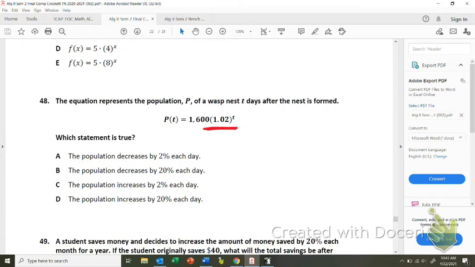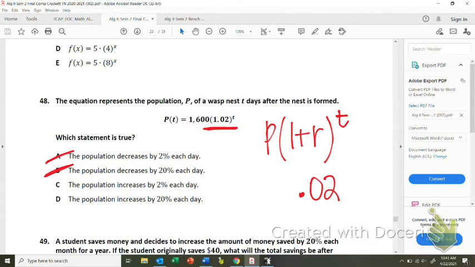So if it's greater than 1, obviously we are not decreasing. Okay, so it comes from the formula P times 1 plus RT. So my R is just that 0.02. We change that to a percent, 2%, so it is C.